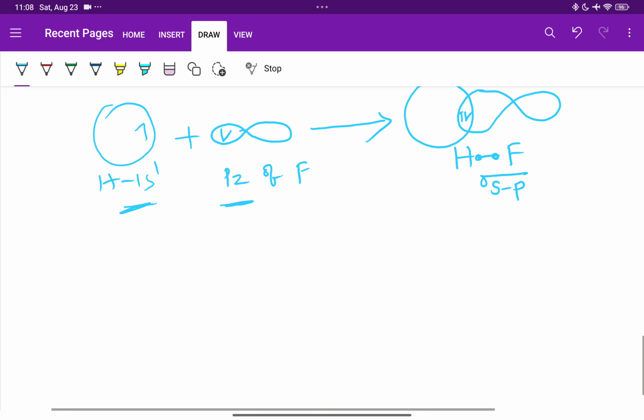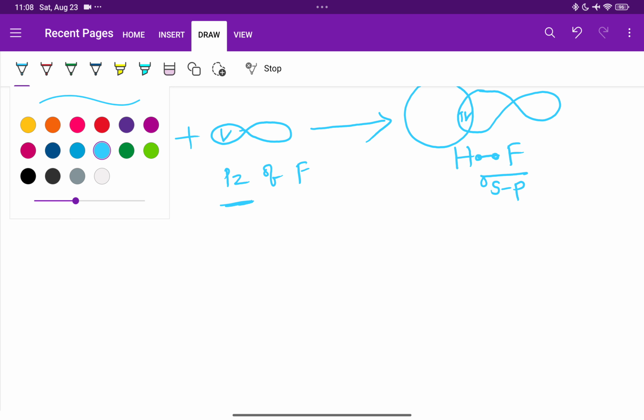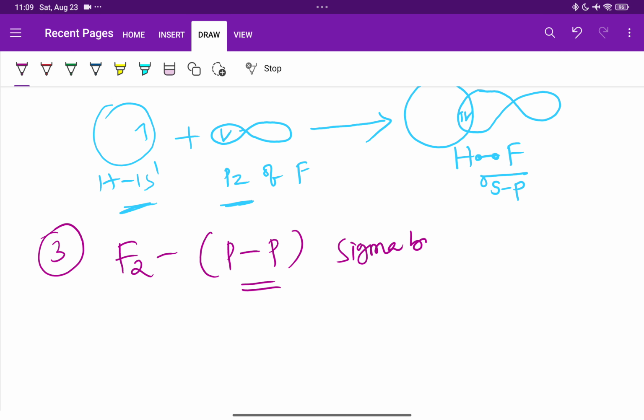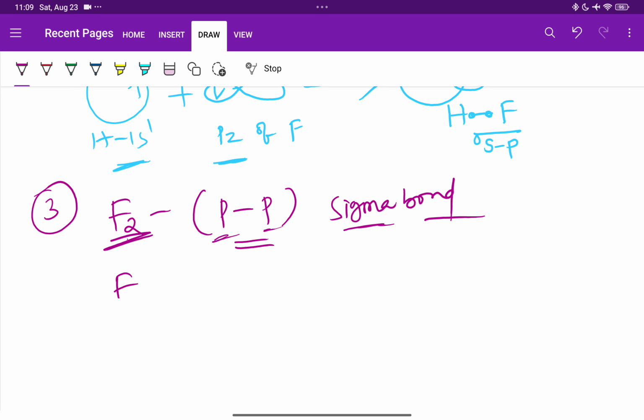And next third one is F2 molecule, where with the help of pp orbitals overlapping, sigma bond can form. So F2 molecule is the best example where the p orbitals end-end overlap and sigma bond can form. So again you need to write fluorine 1s2, 2s2, 2p5.